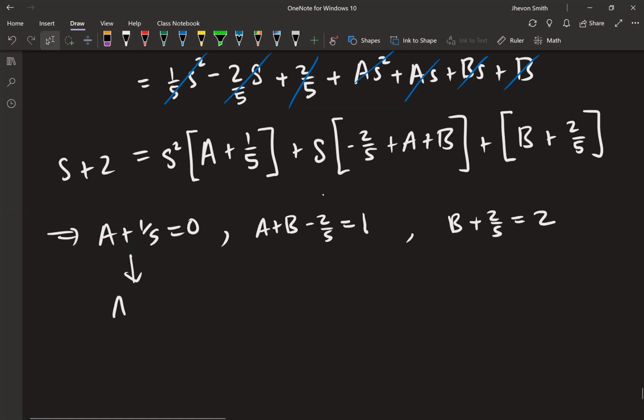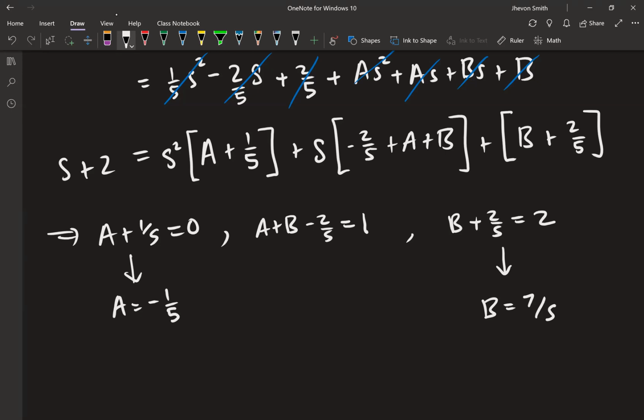So here you get that your a needs to be minus 1/5. Here your b needs to be, no, not 3/5. 2 I can write as 10/5, so it's 8/5. And luckily those guys work here.